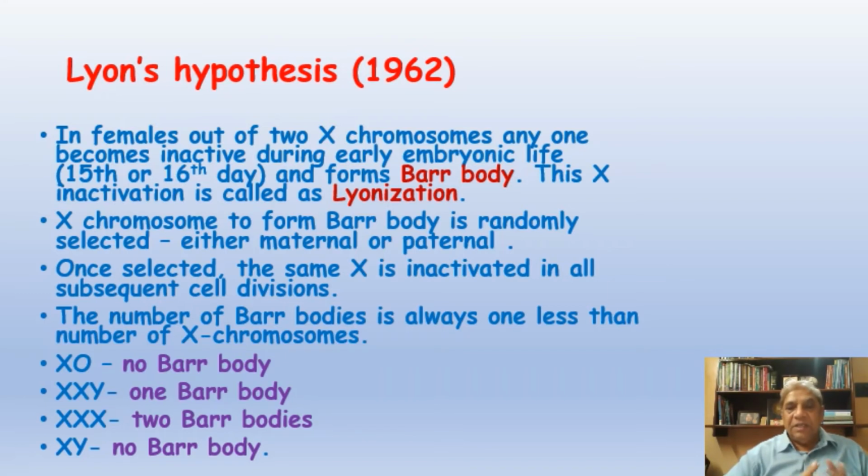That means if in a cell the X chromosome from the mother has become inactivated, then in all subsequent cell divisions the X chromosome from the mother will get inactivated. It is not that in the next cell division the X chromosome from the father will become inactivated. Okay, it's not like that.